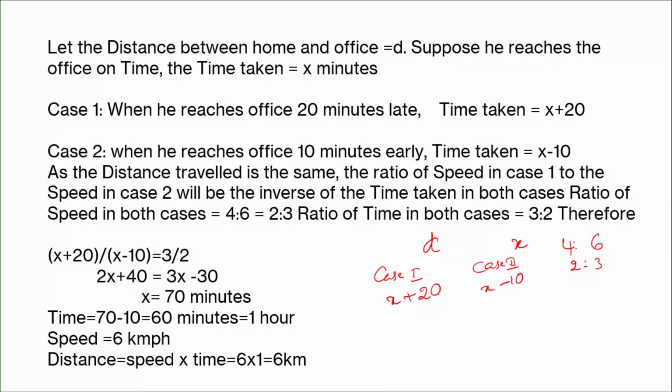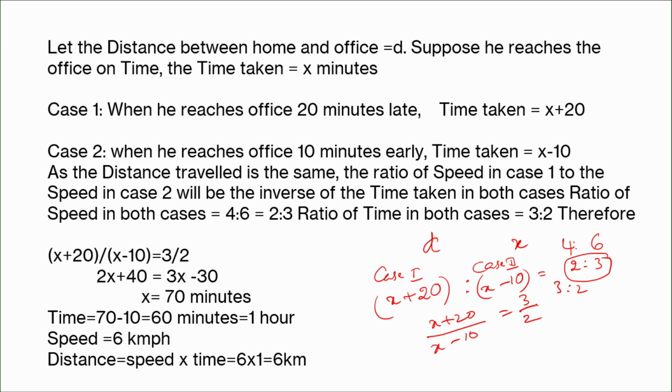So, we can say x plus 20 is to x minus 10 is equal to the inverse proportion of this 2:3, meaning 3:2. Correct? Means (x plus 20) by (x minus 10) is equal to 3/2.